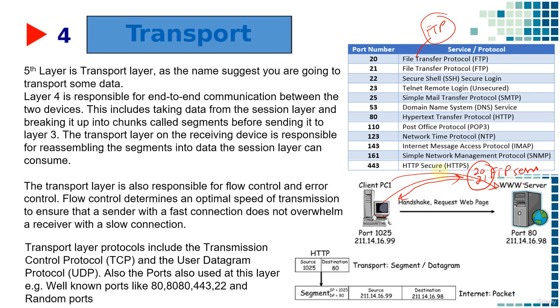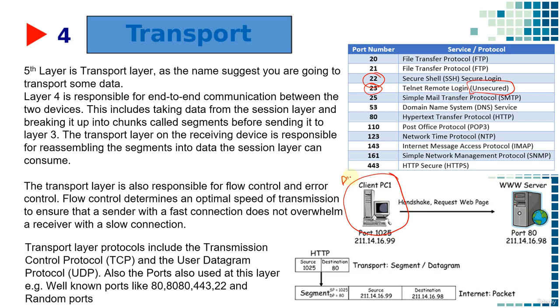Okay. Then similarly, we have SSH. And by the way, we have telnet here as well. Yes, telnet 23. It is mentioned there as unsecured, by the way. In the old days, why did we use telnet? For example, we have this computer and I am sitting far away from it in some other department and I want to access my server.